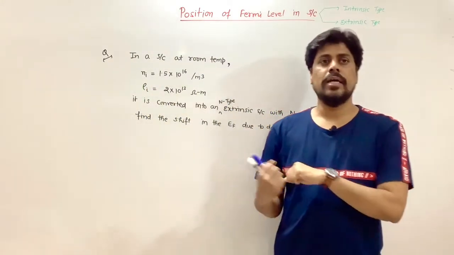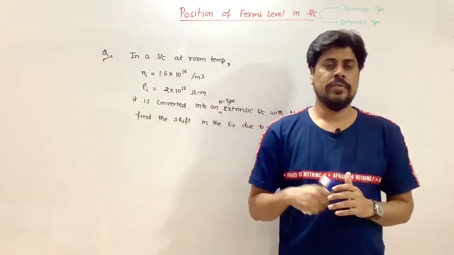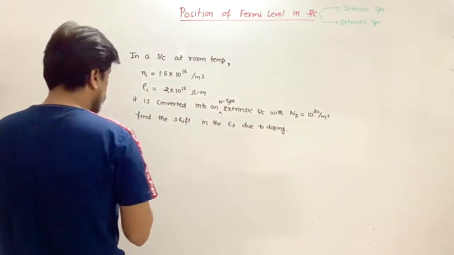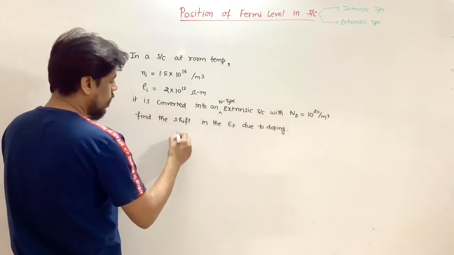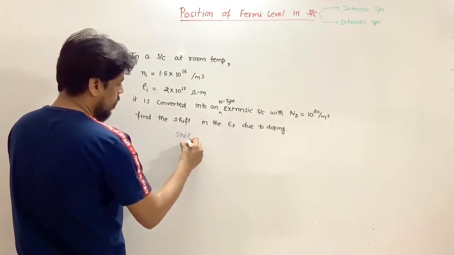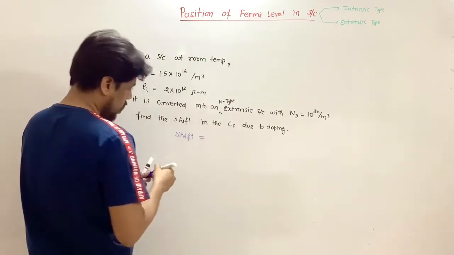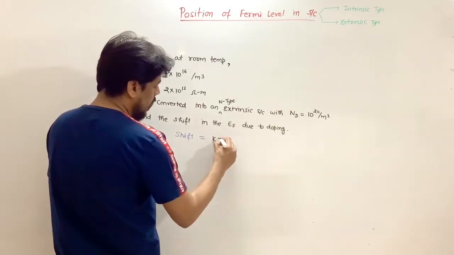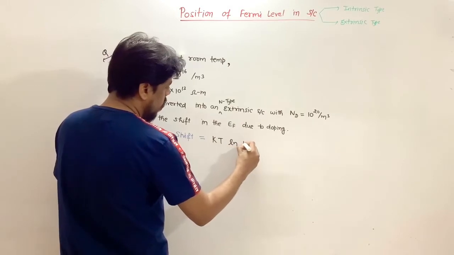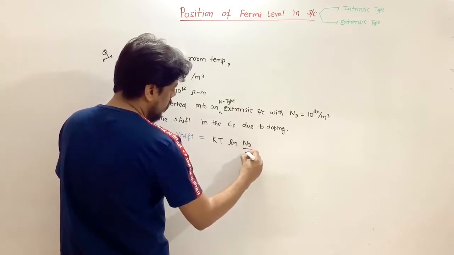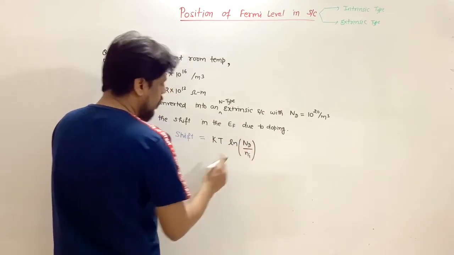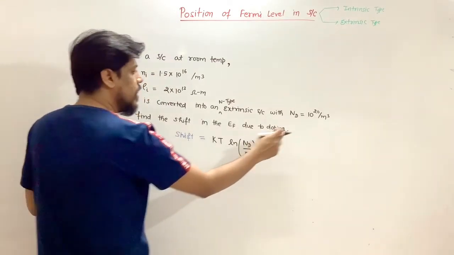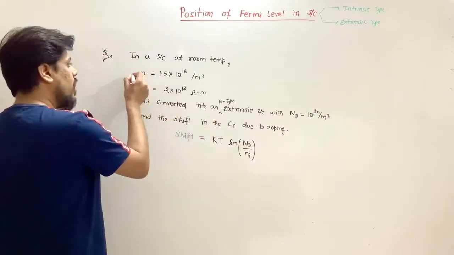So, as we discussed recently, the formula of shift for n-type semiconductor is KT ln Nd upon Ni, where K is the Boltzmann constant, T is the temperature in Kelvin, Nd data is given, and this is your Ni data which is given.